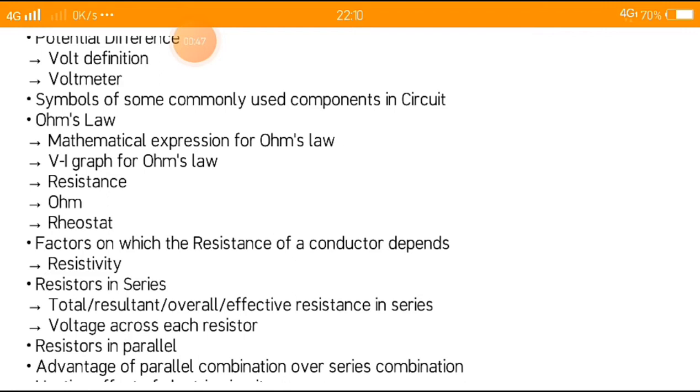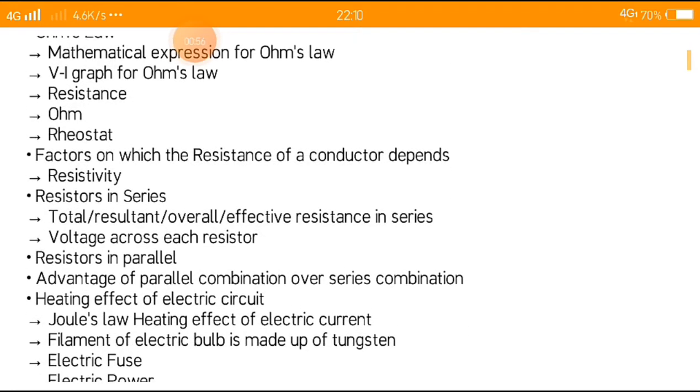Mathematical expression for Ohm's law. V versus I graph for Ohm's law. Resistance, Ohm, rheostat. Factors on which the resistance of a conductor depends. Then resistivity.